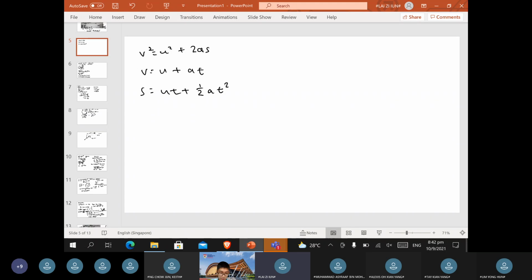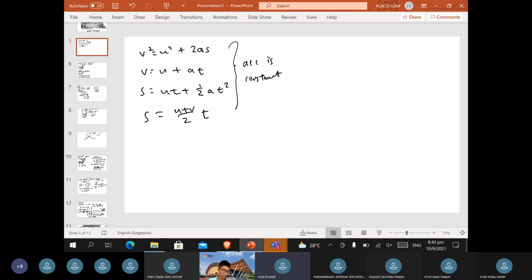Last one, which we don't really use often, but good to know, is s equals (u plus v) over 2 times t. Remember that the fundamental assumption for all of these is that the acceleration is constant. So remember the assumption, acceleration is constant.